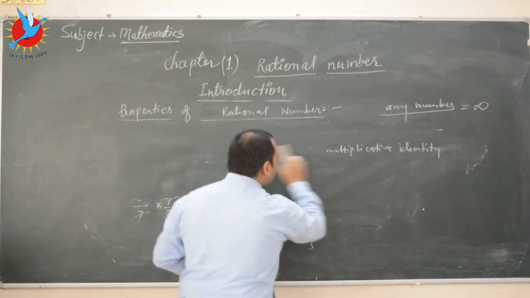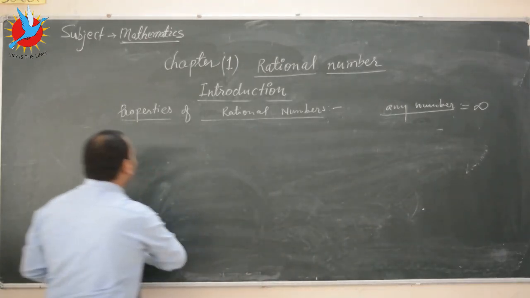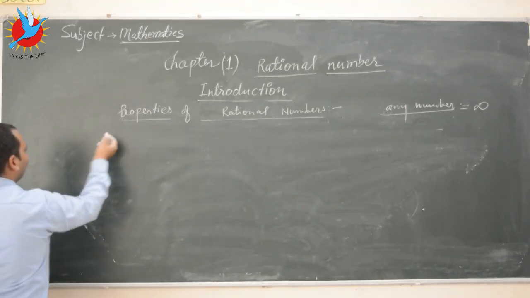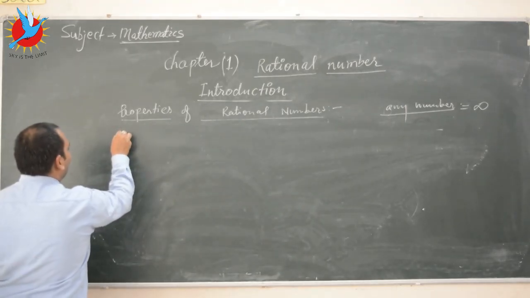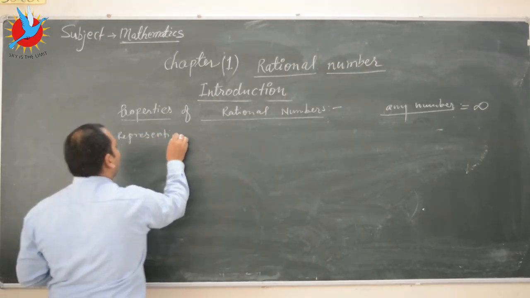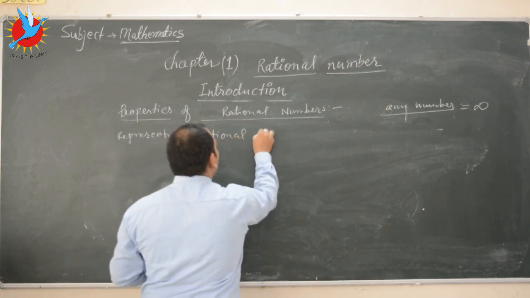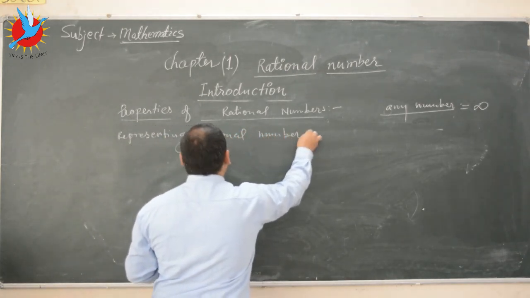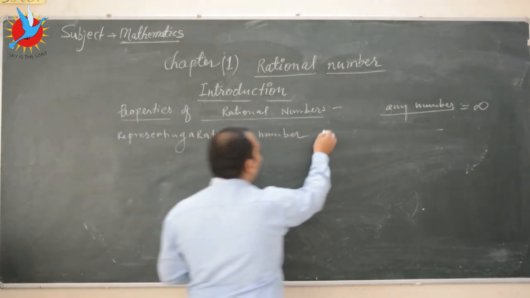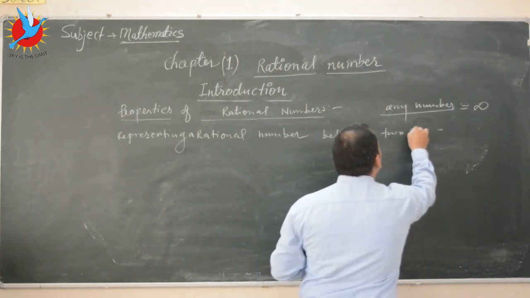Next, representing a rational number between two rational numbers.